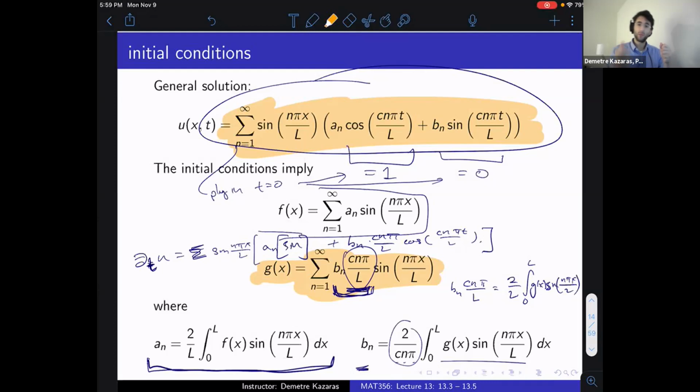And the numbers next to the sine temporal part are just given by an appropriate scaling of the Fourier coefficients for the initial velocity function. Okay.